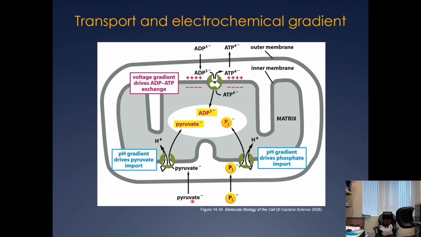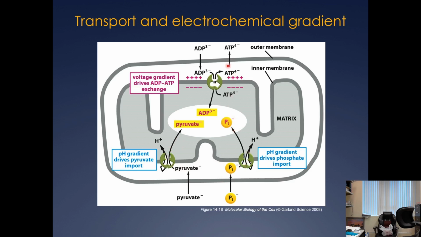So transport of molecules uses transport very similar to what we talked about before when we were talking about transporters and ion transport. And in certain instances, you can use the pH gradient to drive transport, like in the case with pyruvate. So this would be a symporter where you're using the protons to drive the import of pyruvate. Also a symporter to drive in inorganic phosphate.